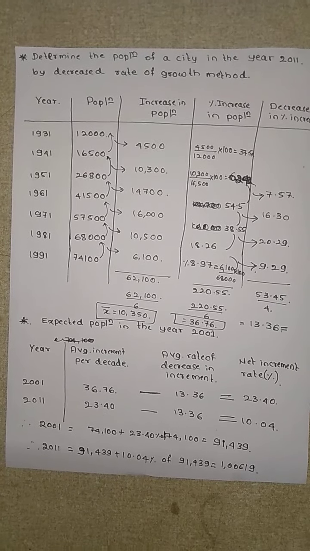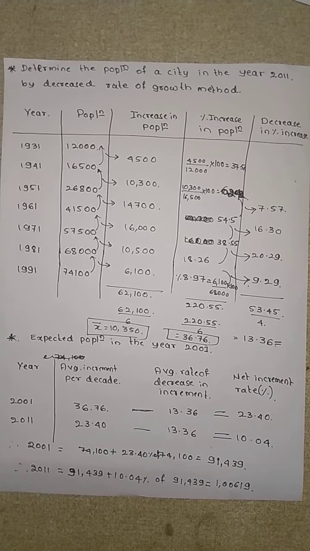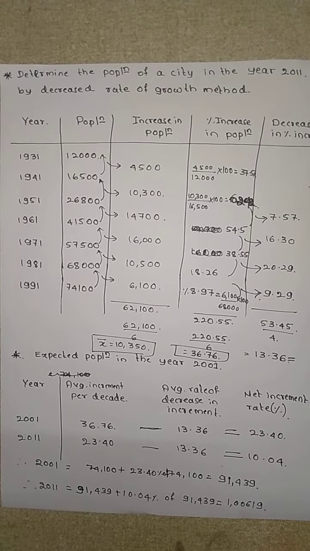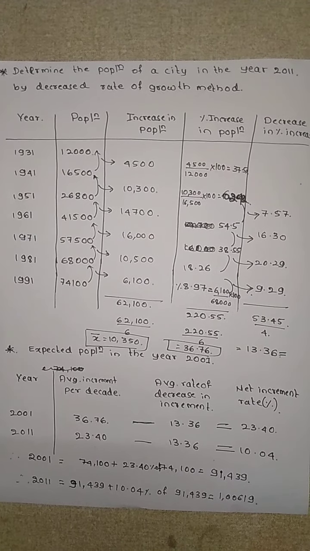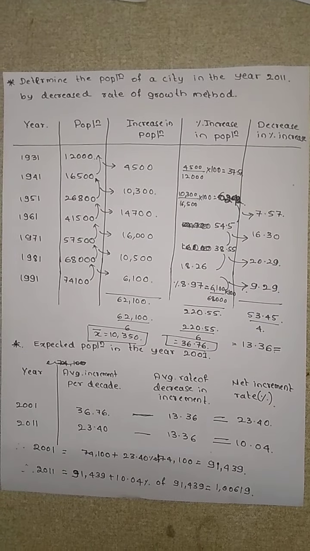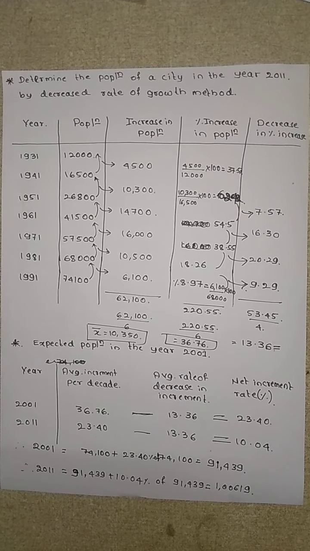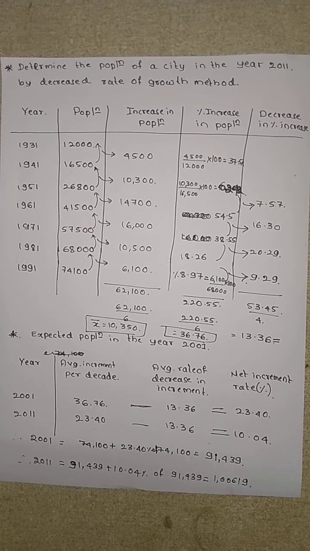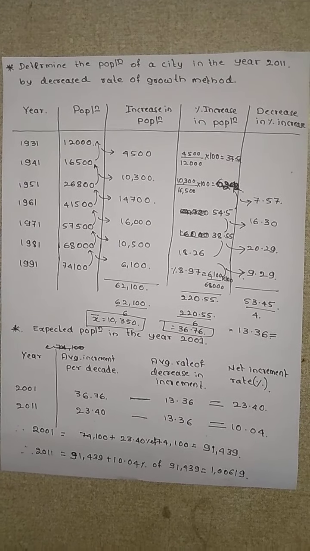In this method, as the name suggests, the average decrease in the percentage increase is worked out, and it is then subtracted from the latest percentage increase for the successive decades. Things will be clearer when we solve the problem by this decreasing growth rate method, in which the growth rate keeps decreasing.